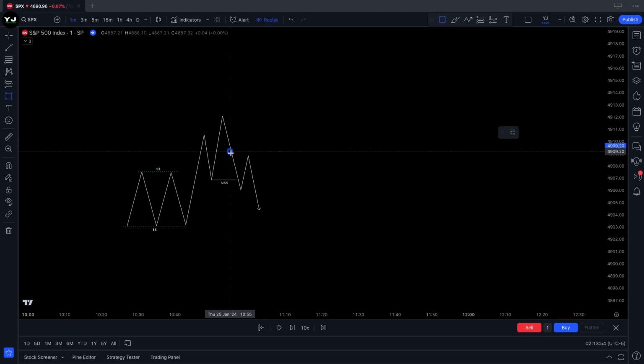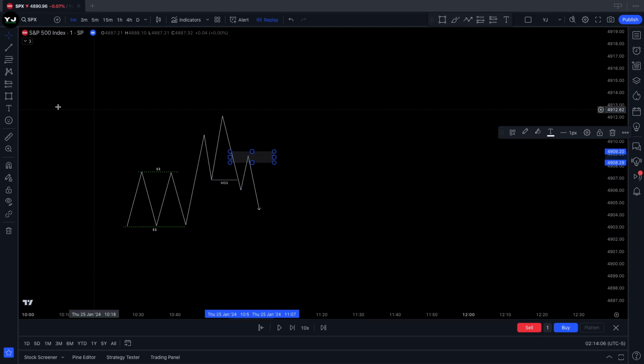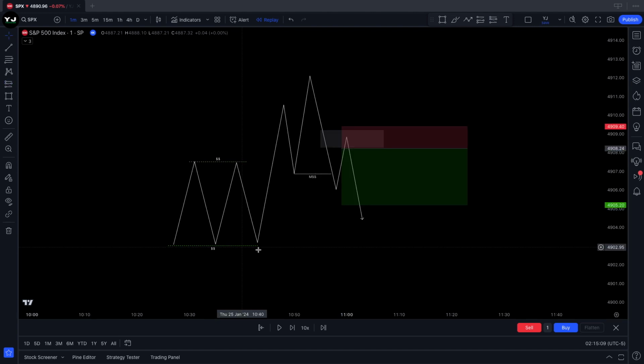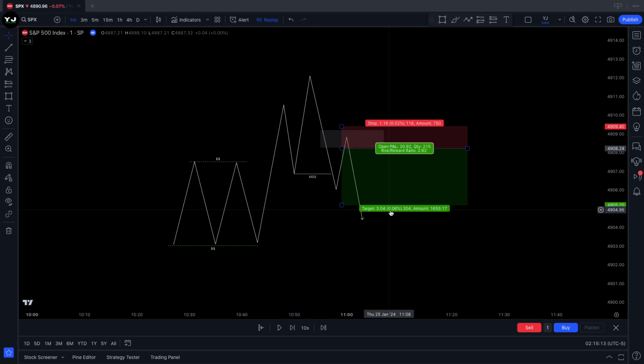Once the fair value gap was formed, price retraces back up to the fair value gap, tapping into our point of interest before then dropping down to our take profit. So this would look something like this. So make sure you screenshot this diagram or note it down somewhere when you want to recap this strategy.